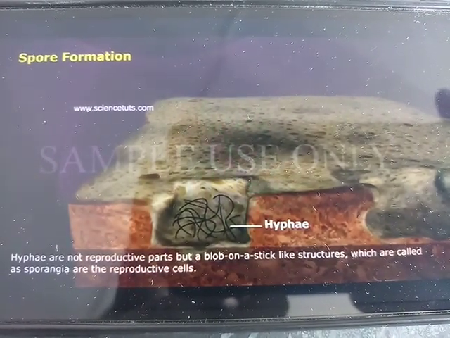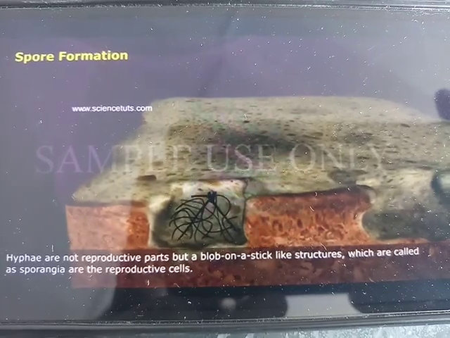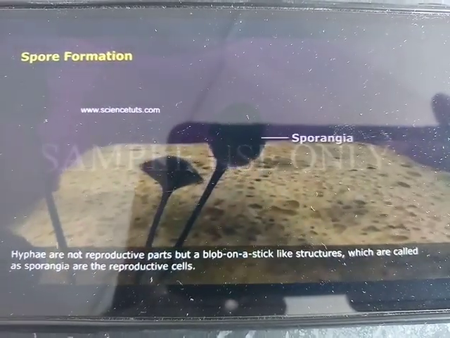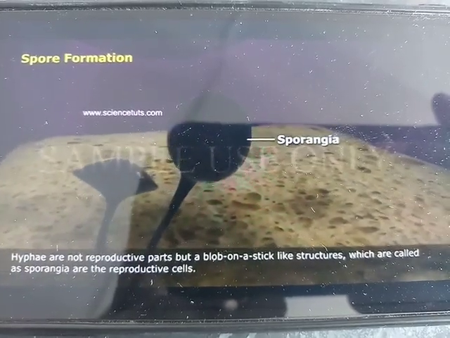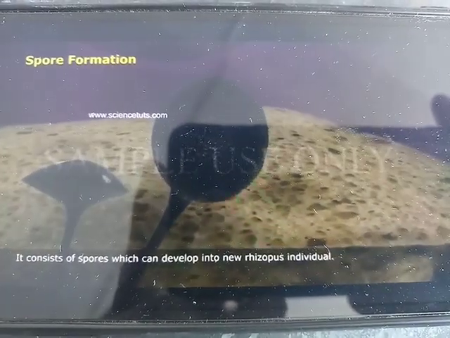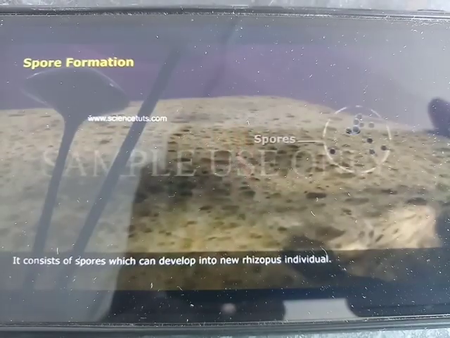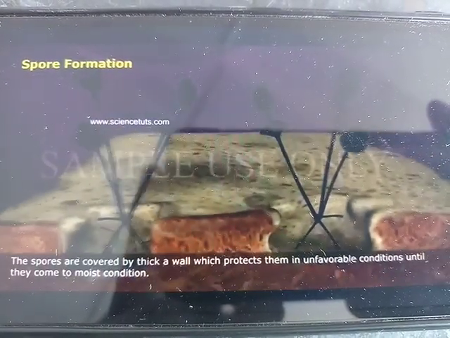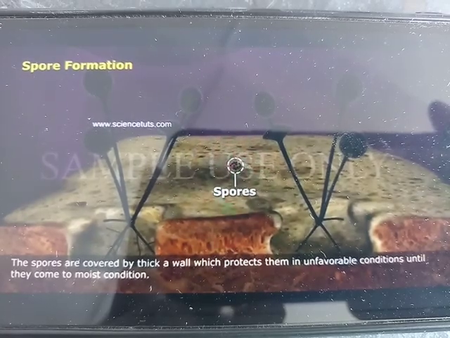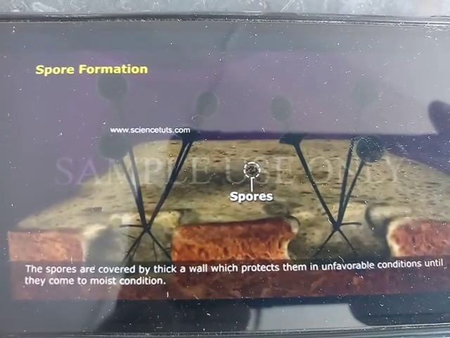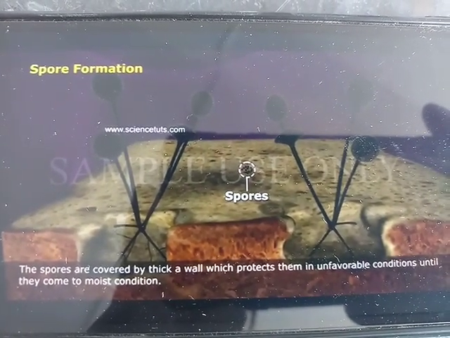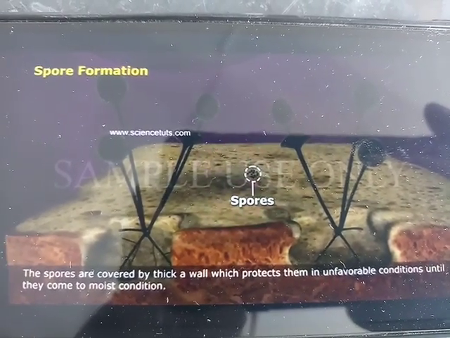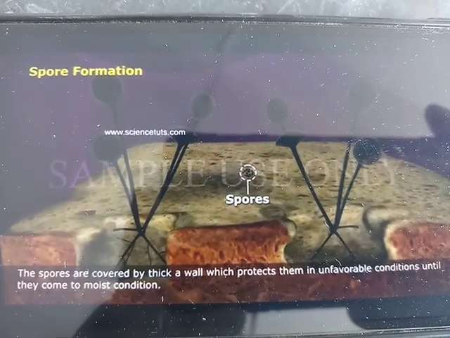Hyphae are not reproductive parts, but the bulb-on-a-stick-like structures are called sporangia, the reproductive structures. They consist of spores which can develop into new Rhizopus individuals. These spores are covered by a thick wall which protects them in unfavorable conditions until they come to moist conditions.